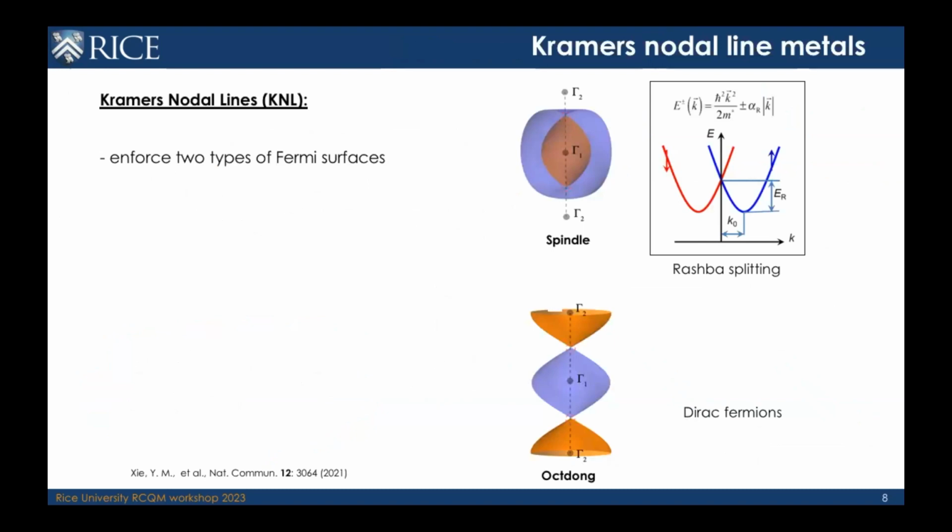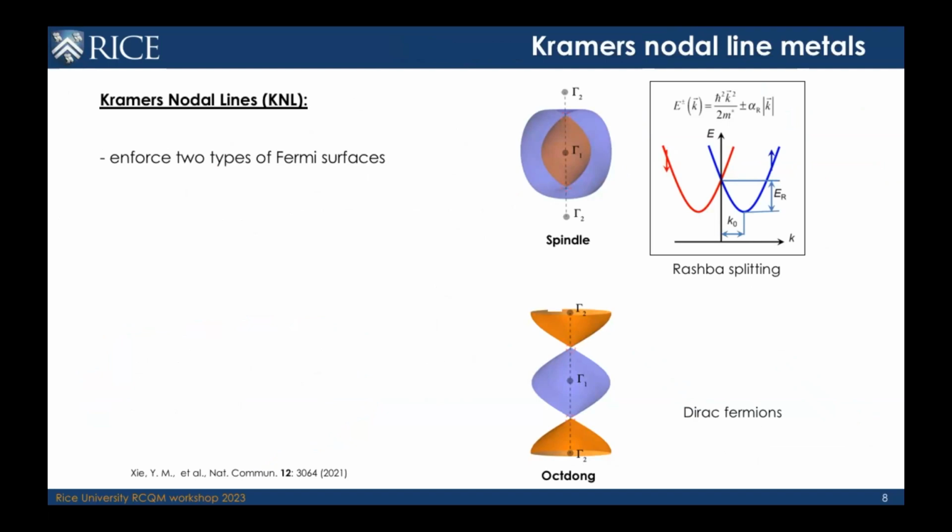Another prediction coming from the same group is that the Kramers nodal lines enforce two types of Fermi surfaces, one called spindle and another one called Ogdong, that look like this. If you take a cut across the Kramers nodal line in a spindle system, what you observe is a splitting similar to a Rashba band splitting shown here.